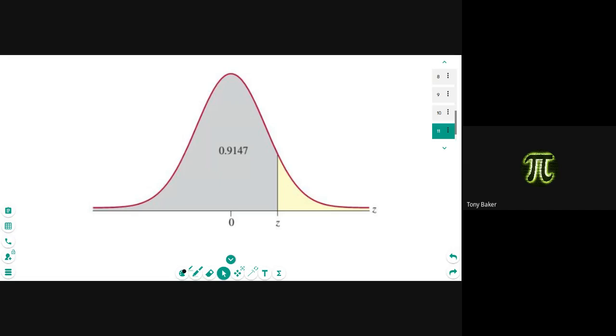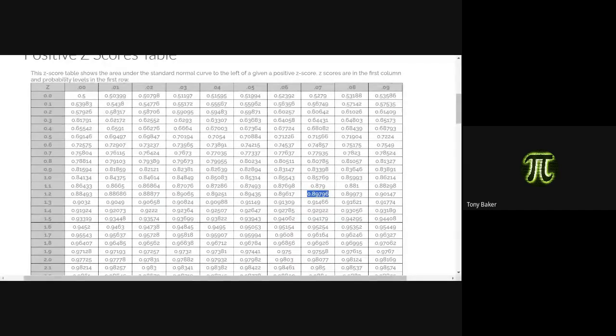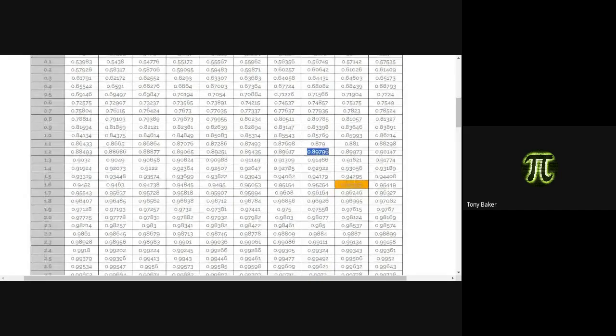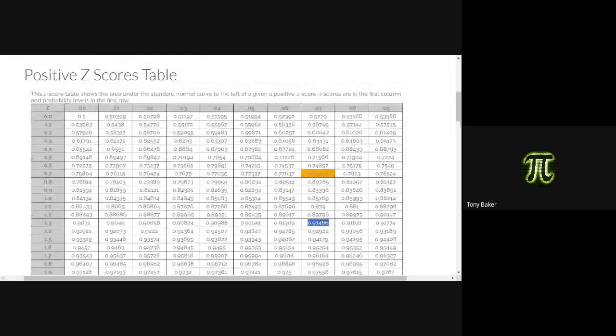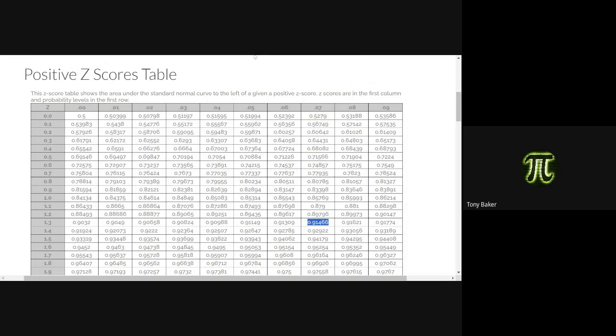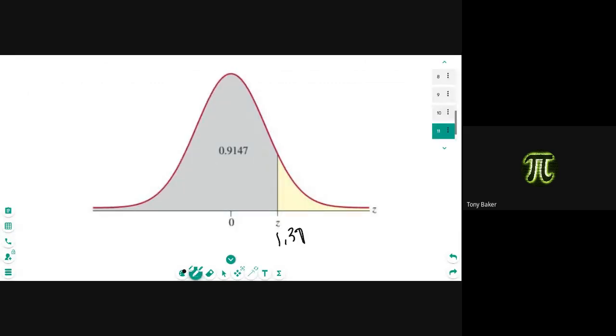We have to find the Z. So you're just going to use the table in the opposite direction. We're looking for 0.9147. So we look at the table. 0.9147 is right there. So it's 1.37. It's just the opposite direction.